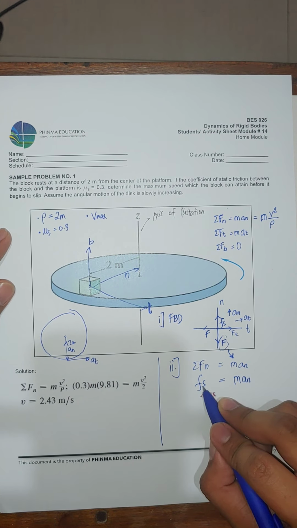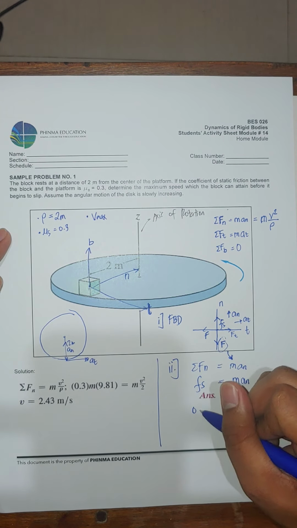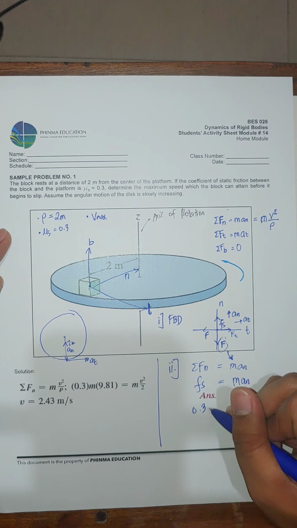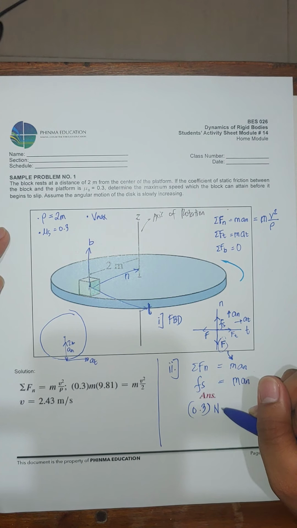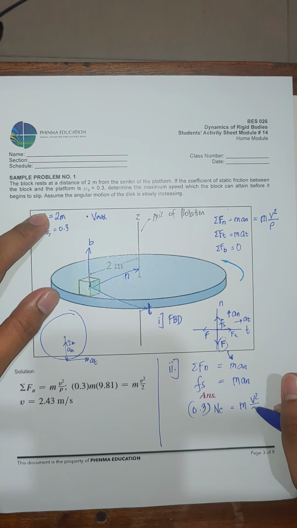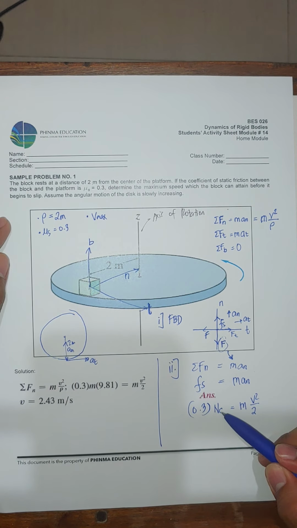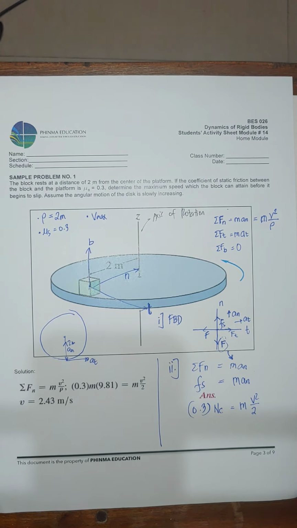So our frictional force is equal to 0.3 times the normal force of the object is equal to m v squared over the radius, which is 2 meters. Again, unsa man pila man si normal force of this object.